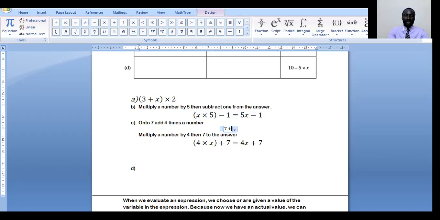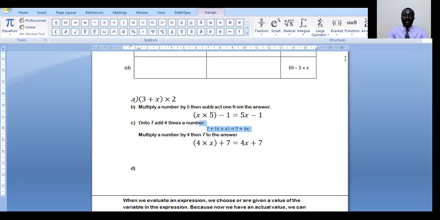Add 4 times a number. Now notice that you could put this one also inside the bracket. It's still fine. Or you could make it out of the bracket. And this means we can then simplify this to 7 plus 4x.